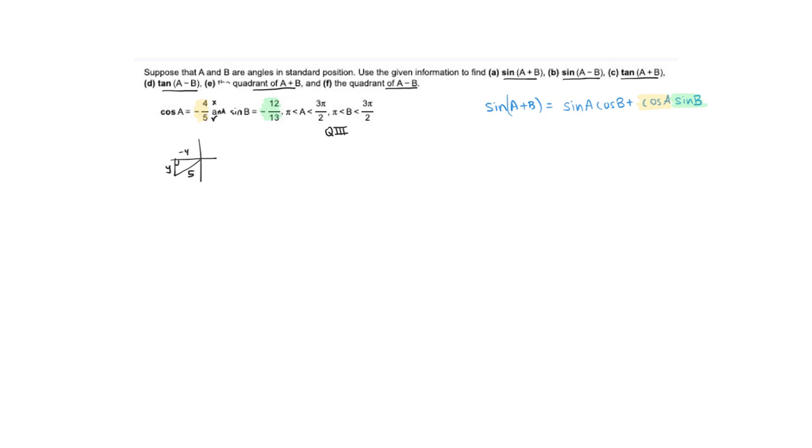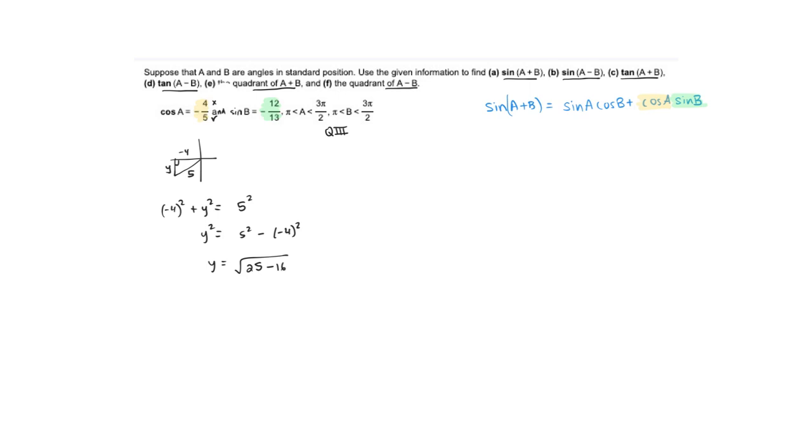So the Pythagorean theorem gives us that x squared plus y squared is equal to r squared, where x is negative 4 and r is 5. And we can just solve that. So y squared would be equal to 5 squared minus negative 4 squared. And then we'll take the square root of that. So it would be the square root of 25 minus 16.